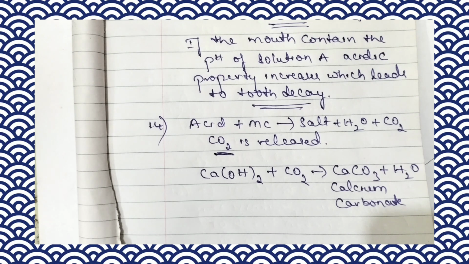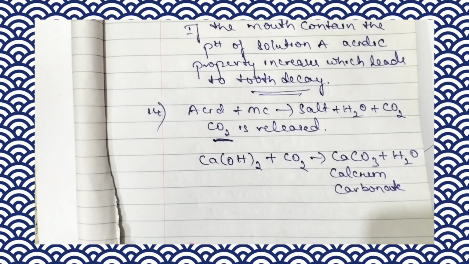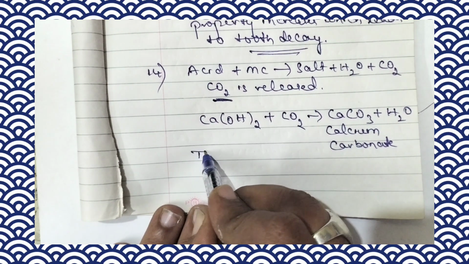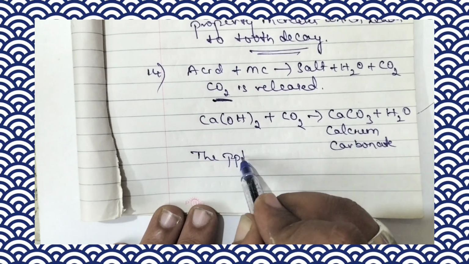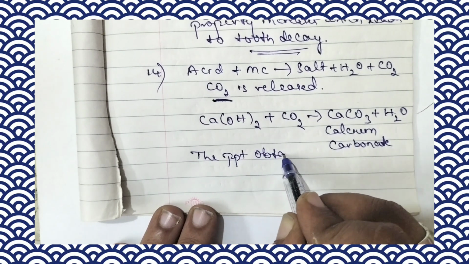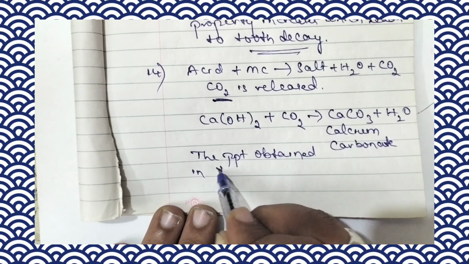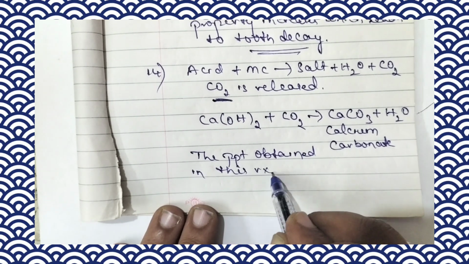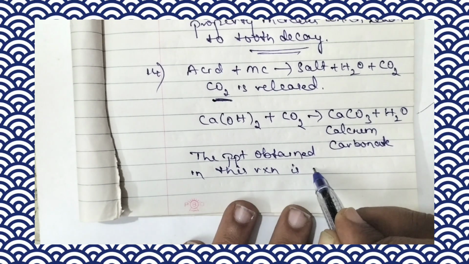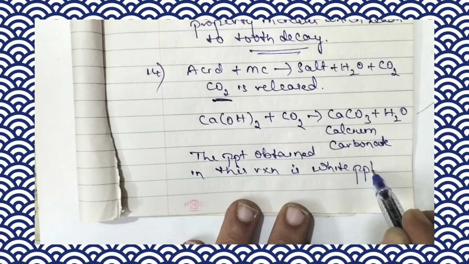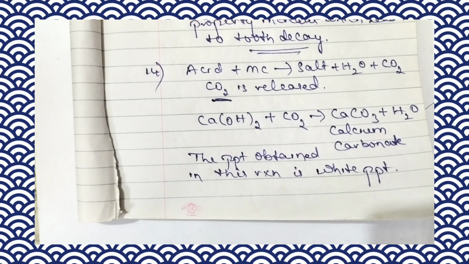Then what is the color of the precipitate obtained in this reaction? The precipitate obtained in this reaction is a white precipitate, and that white precipitate is insoluble in water.